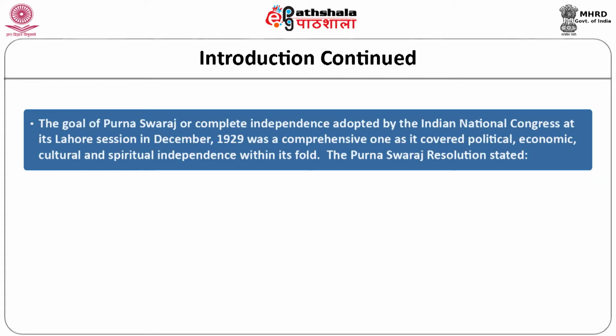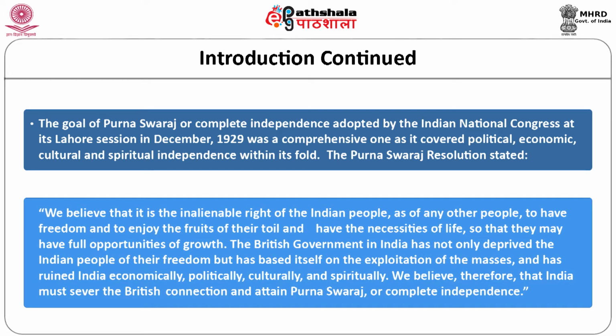The goal of Purna Swaraj, adopted by Pandit Jawaharlal Nehru at the Lahore session of 1929, stated, quote, "We believe that it is the inalienable right of the Indian people, as of any other people, to have freedom and to enjoy the fruits of their toil and have the necessities of life so that they may have full opportunities of growth.